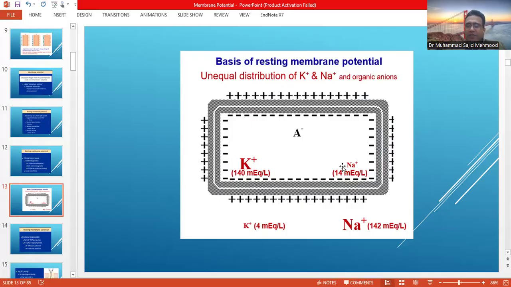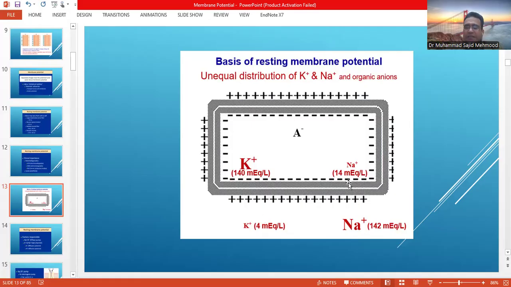Moreover, there are sodium and potassium ions, which are the most important ions which play their role in maintaining the resting membrane potential. The concentration of potassium is much higher within the cell, while the concentration of potassium is much lower outside the cell.